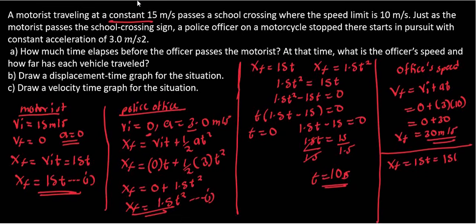Where there is t, I put 10, because that's the time at which the police officer managed to catch the motorist. So it will be 150 meters. Even if I use the other equation, it will still give me 150 meters. So that's how we answer that one.